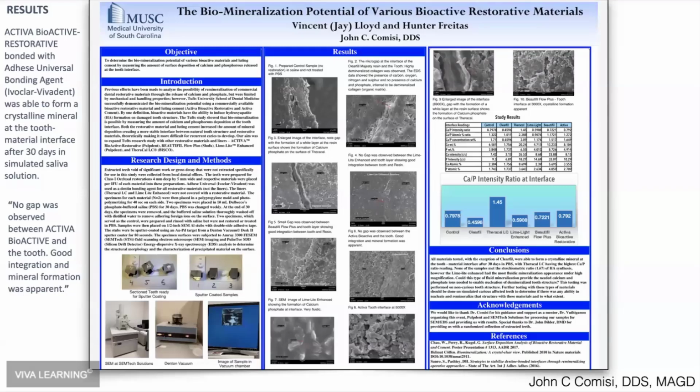It showed us that we were able to stop the degradation. The very top figure one shows the actual breakdown of the composite tooth interface there, and all the others show some type of ability to create a mineralized interface here.